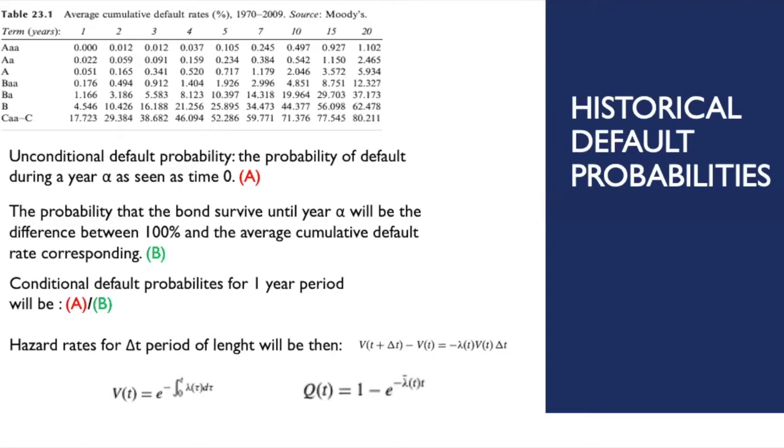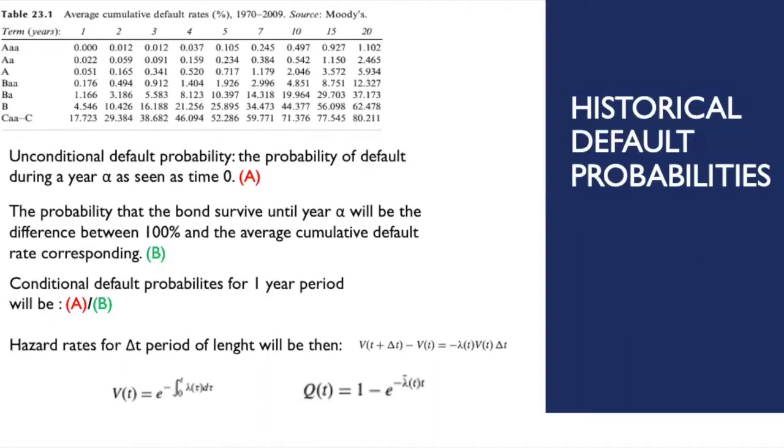Knowing that V(T) is going to be the cumulative probability of the company surviving to time T, that lambda(T) is going to be the hazard rate at a time T, and that delta T is going to be the period of time.